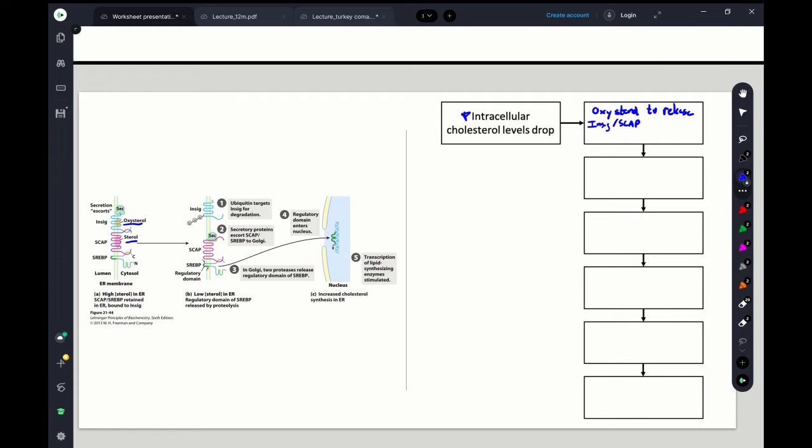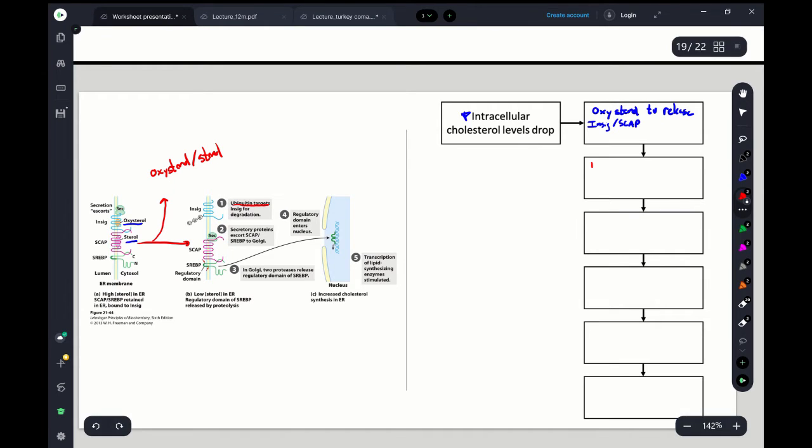Now the next part is this. So we move over here, and if you think about it this way, they don't do this in this figure, but they could put oxysterol coming off of those things. And that then allows for the ubiquitination of NSIG.